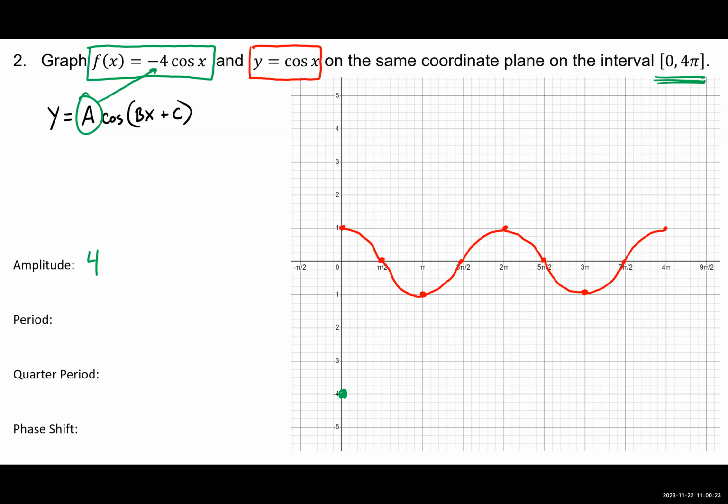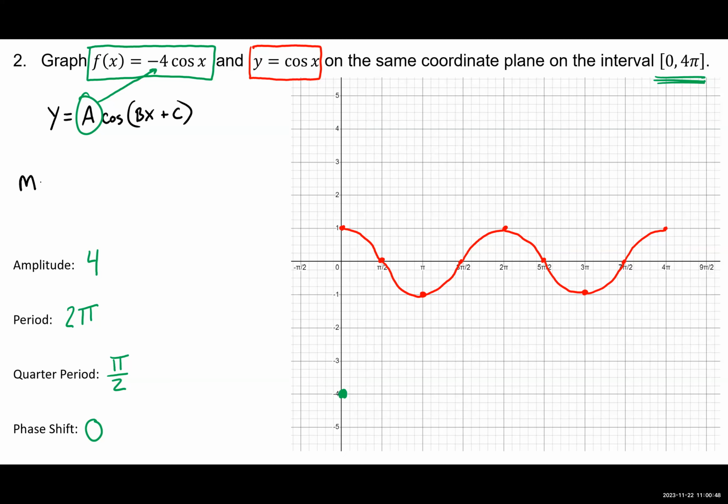So the cosine graph at each quarter period, so the period is 2 pi, there's no phase shift. The quarter period is pi over 2. So every pi over 2 on the horizontal axis, the cosine graph does one of those important things.